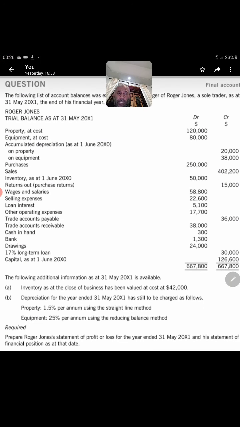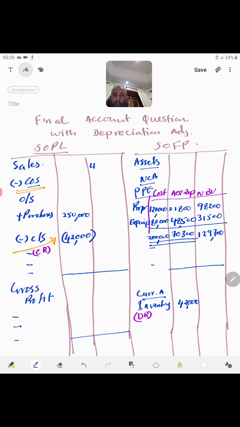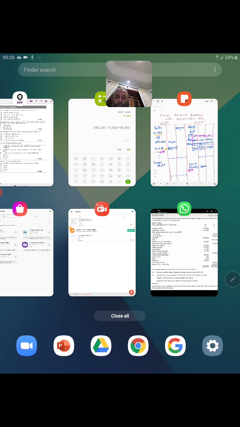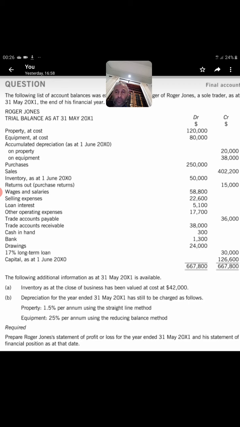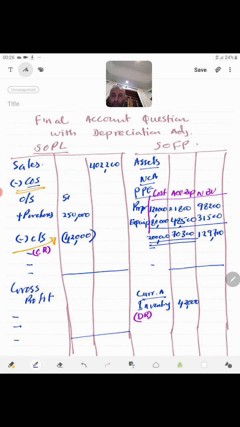Then we have sales, 402,200. That is the sales. Then we have opening stock, 50,000.